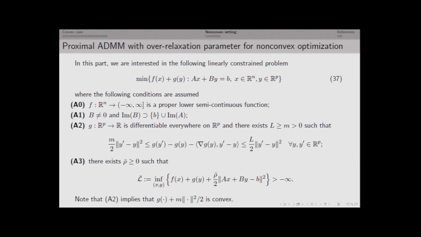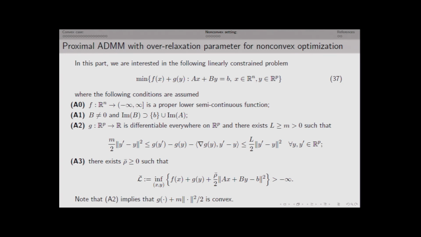I think there's not much to go into. This A1, I think Wotawin considered, says that the matrix B has full row rank. The second function here needs to be differentiable, as was already discussed.